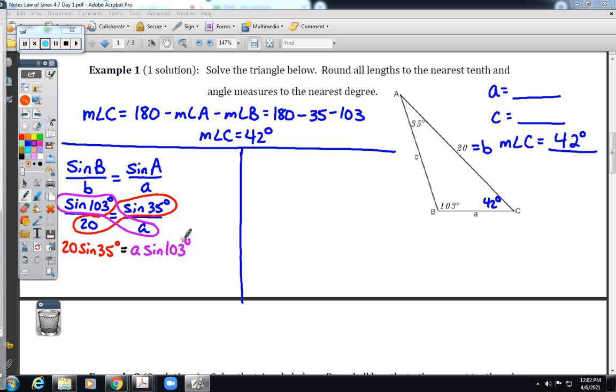Remember that cross multiplying results in an equation. It doesn't result in a fraction. Okay, don't try to jump that step. Now, if we want A, what do we need to do to get A by itself? Yep, we need to divide by the sine of 103 degrees.